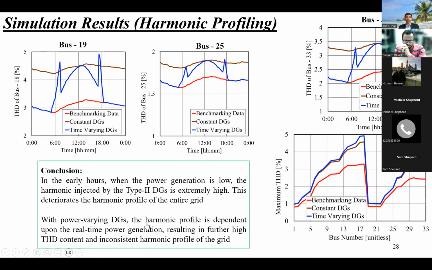With power varying DGs, this is, I think, type 1, because type 1 is the constant one. So the varying power DG's harmonic profile depends on the real-time power generation, resulting in an inconsistent harmonic profile, and it's inconsistent for varying power DGs.